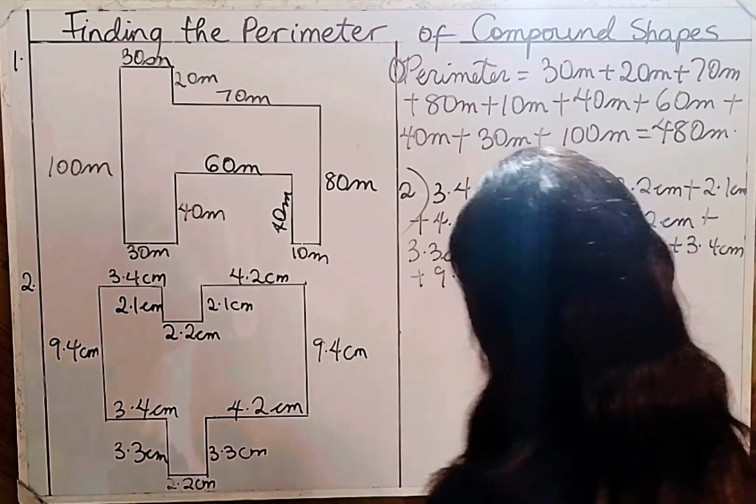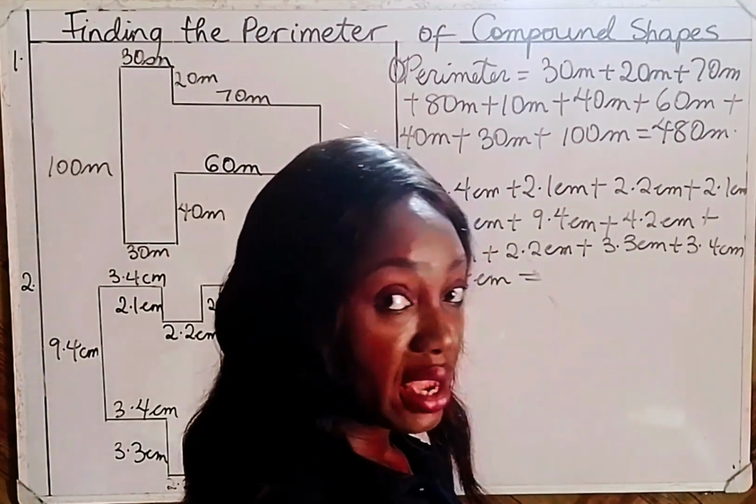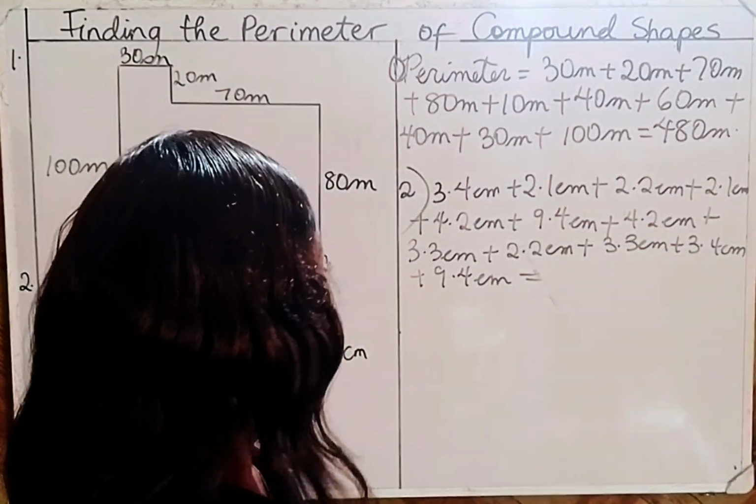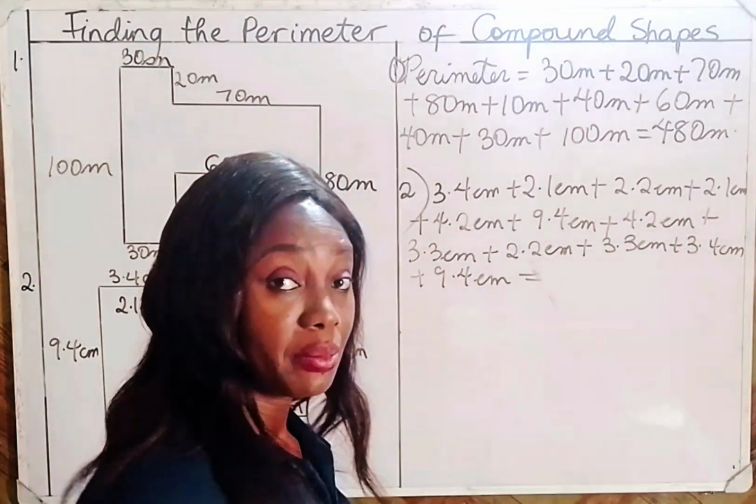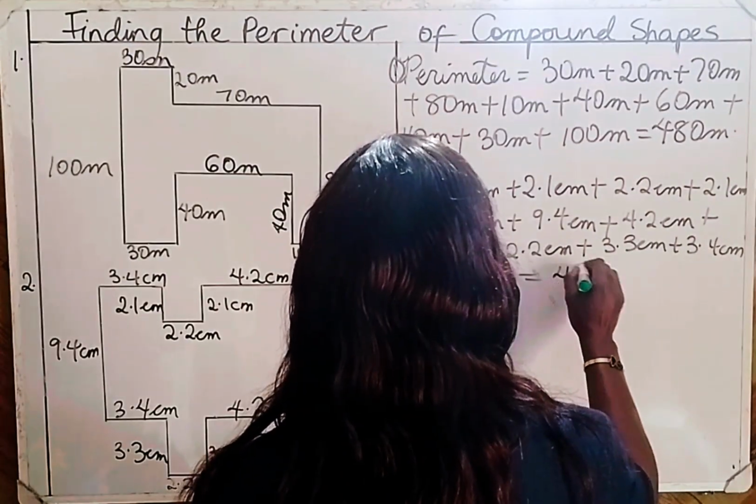So we're going to add all of these lengths together to find the perimeter of the shape. So the answer is 49.2 centimeters.